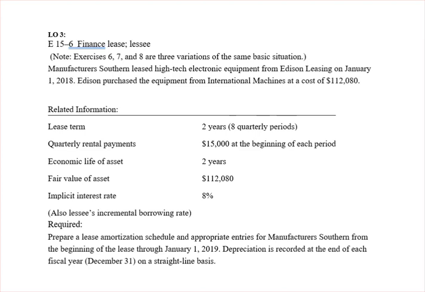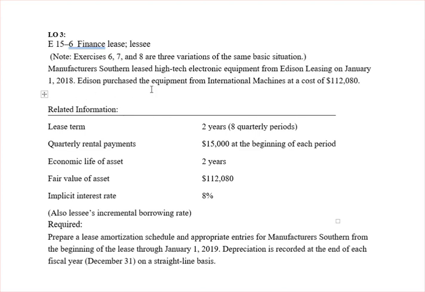And this is the manufacturer Southern leased. They are the lessee, and the lessor is Edison. So first thing you need to do is look at Edison, who is the owner.